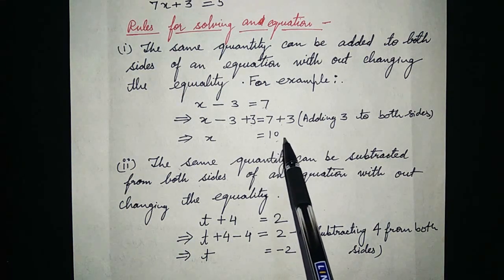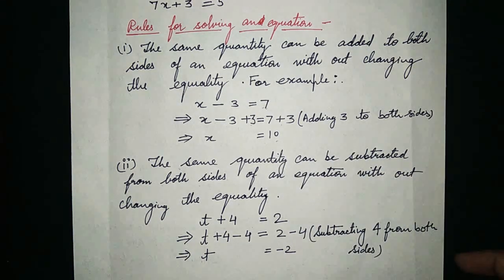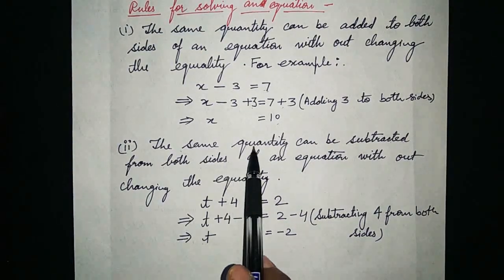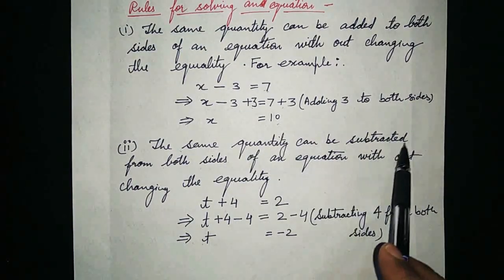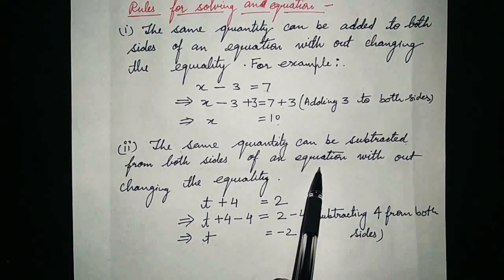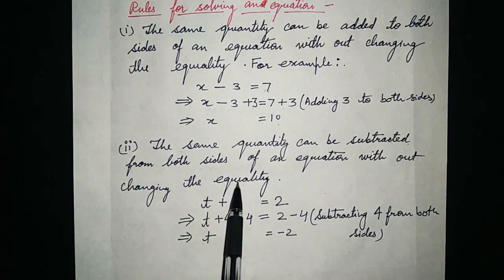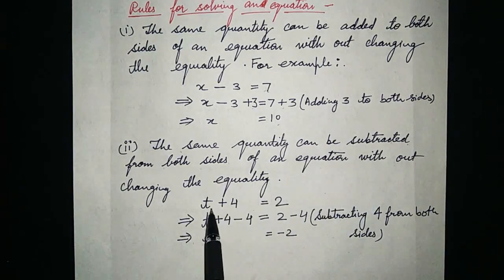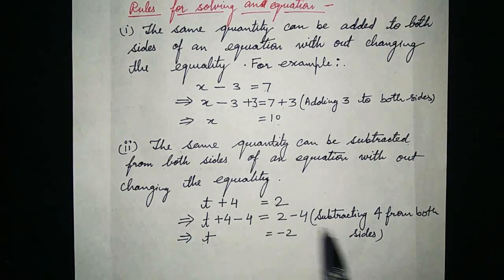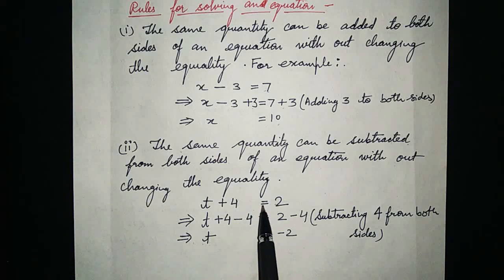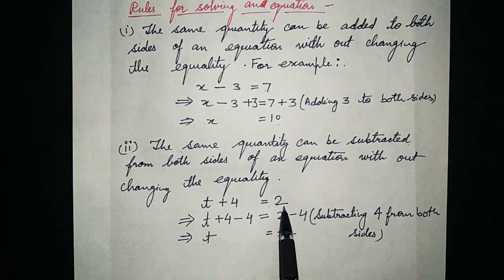Now see the second rule for solving an equation. The same quantity can be subtracted from both sides of an equation without changing the equality. For this case, I have taken this example: t plus 4 is equal to 2.